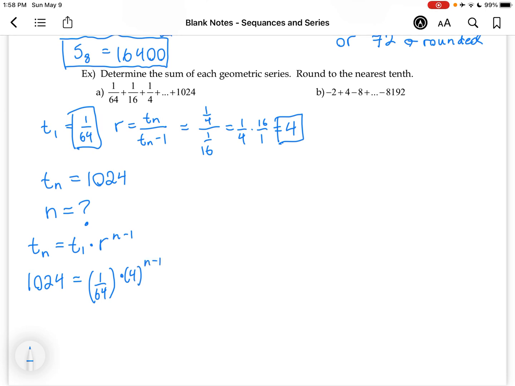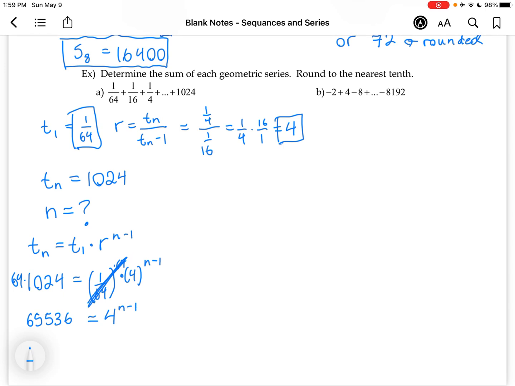And now we've got to solve this for n, right? So what I'm going to do is multiply both sides by 64 so that I undo the 1 over 64 on the left. So if I do that, then 64 times 1024 is 65,536, and that's equal to 4 to the n minus 1.